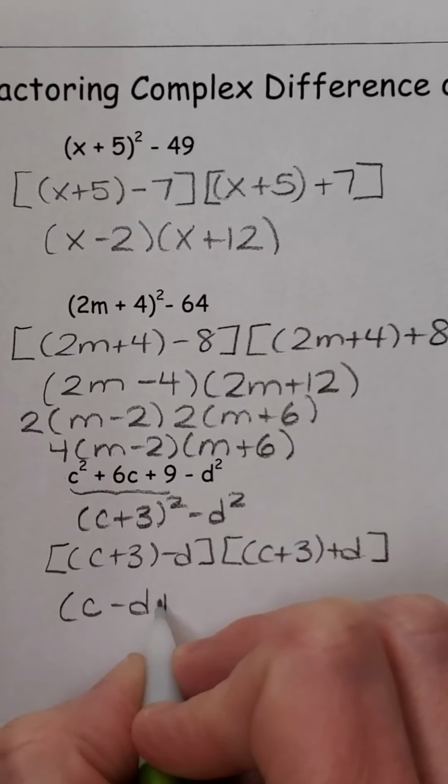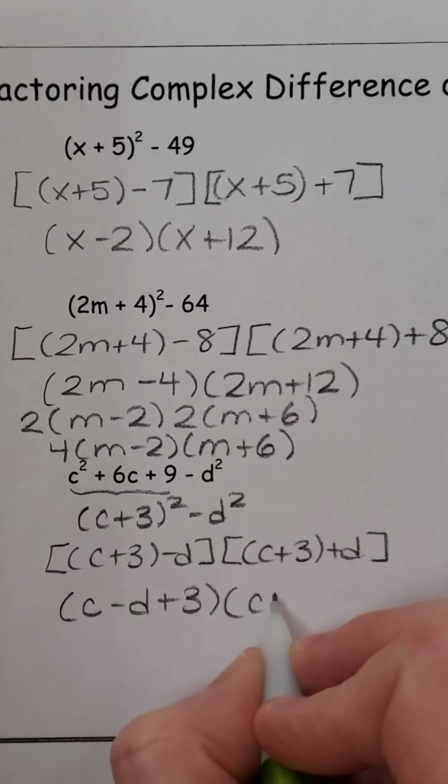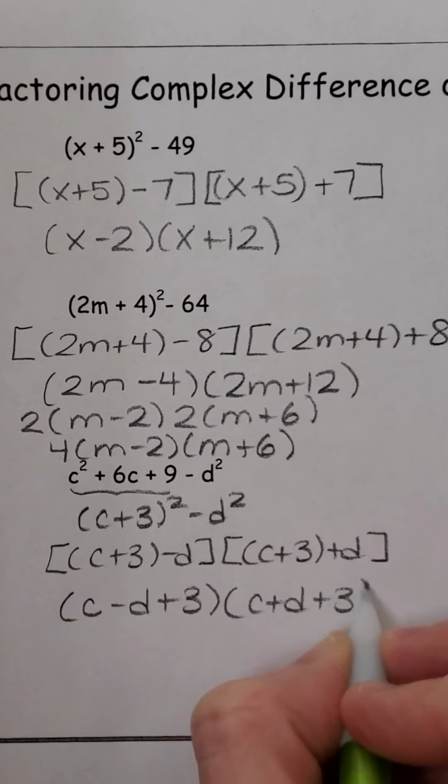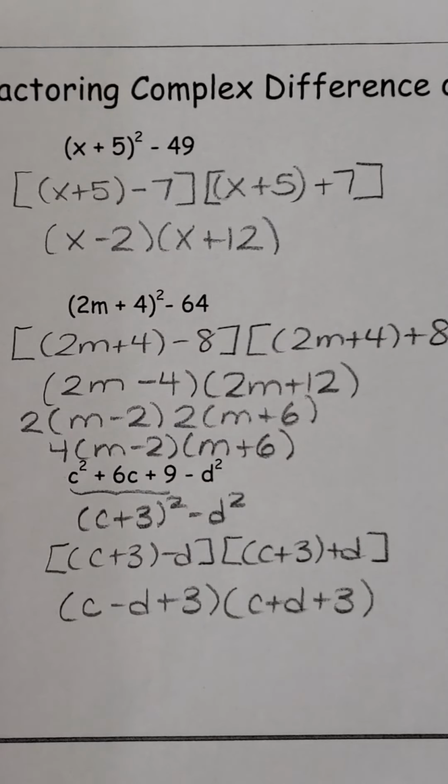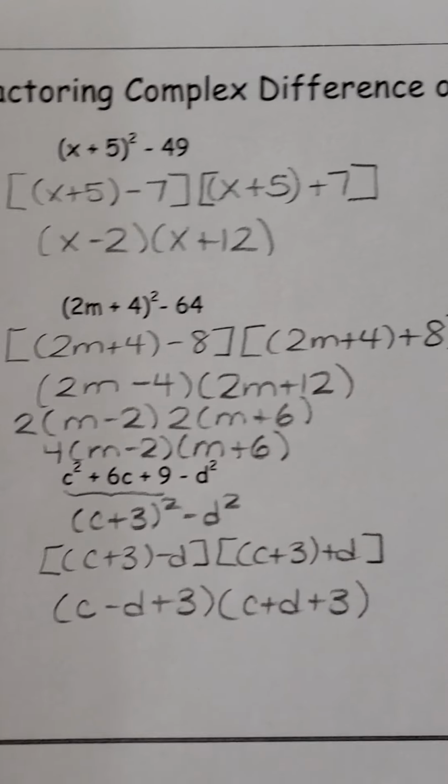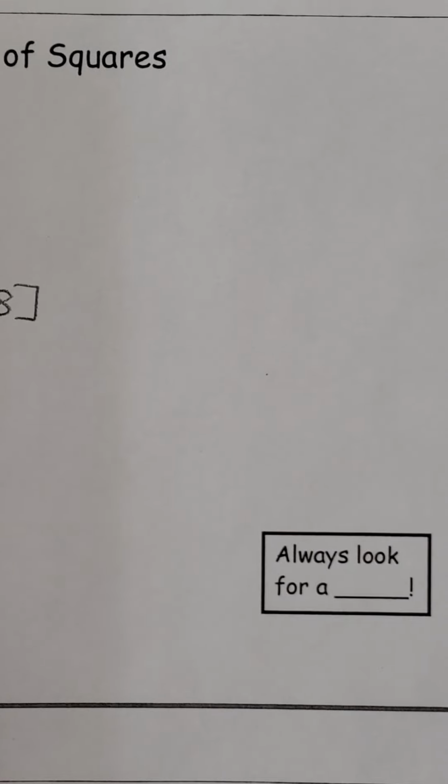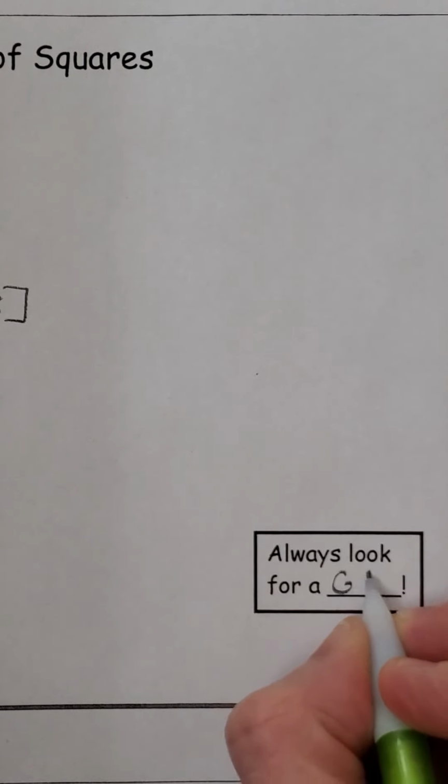And don't worry too much about the order. We don't put negatives in the first term, and that'll come up fairly quickly here. Don't worry too much about the order, and that's what we're looking for. So we want to remember to always look for that GCF.